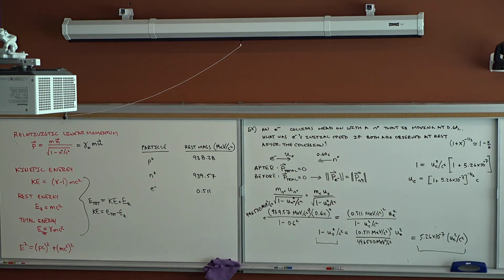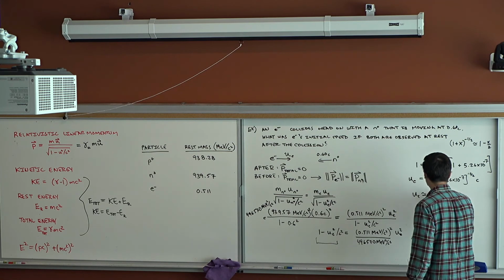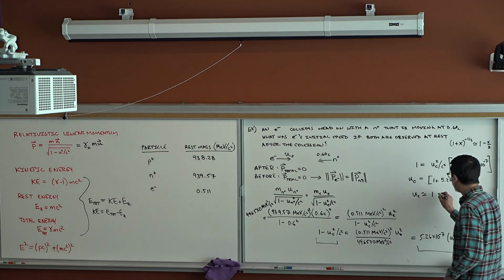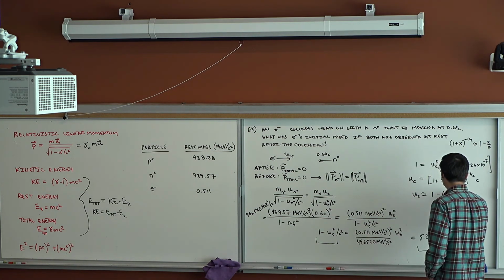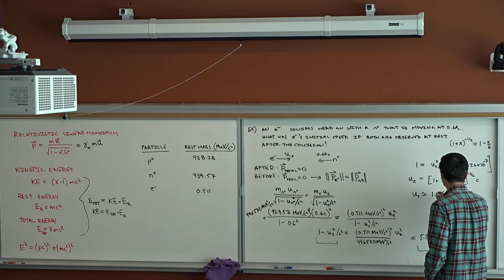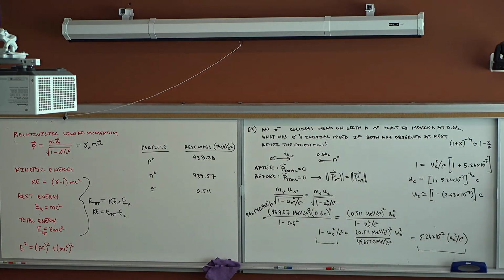And so we could say that this is approximately, we'll cheat pretty liberally here, 1 minus 2.63 times 10 to the minus 7, about half of that, times c. So you can see that this is very, very close to the speed of light. Right?